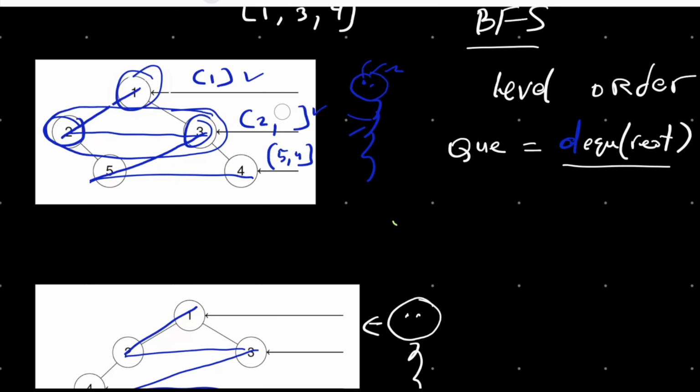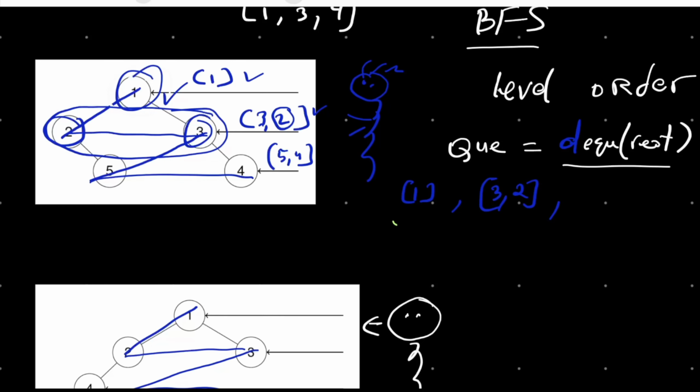Initially, actually, this can be right, but I would like to add 3 and 2. First, I would like to add 2, because that will be added to the queue. Then 3. So after I'm done with the first level, we have just 1, and the second level we have 3 and 2, right?